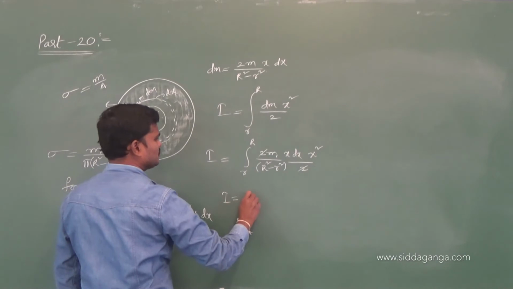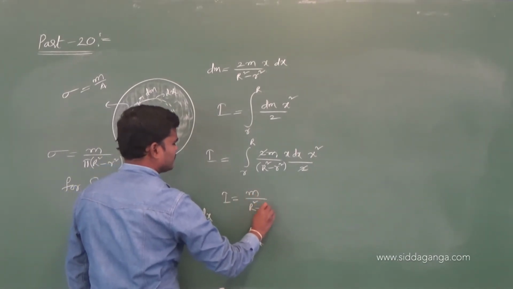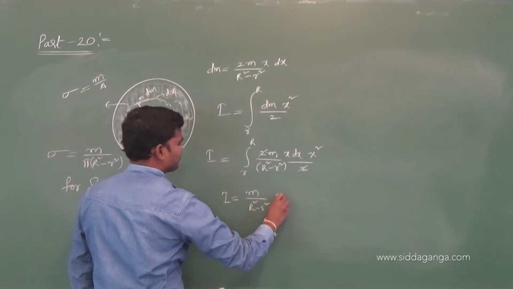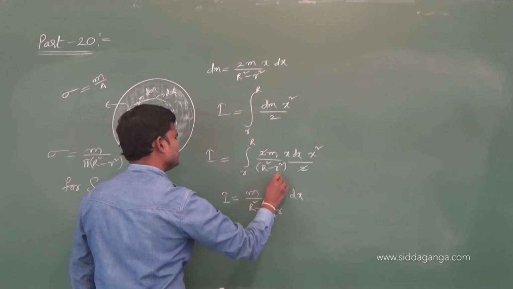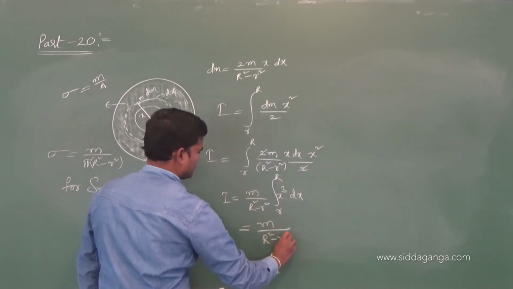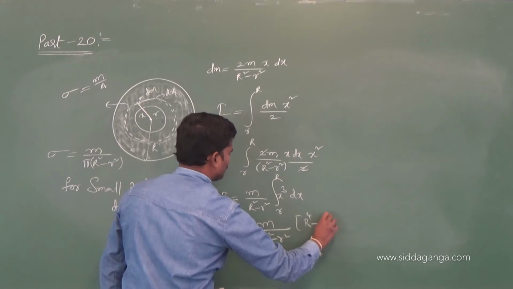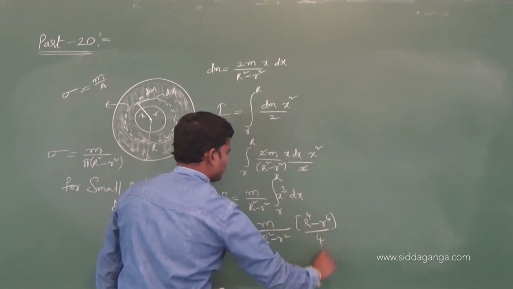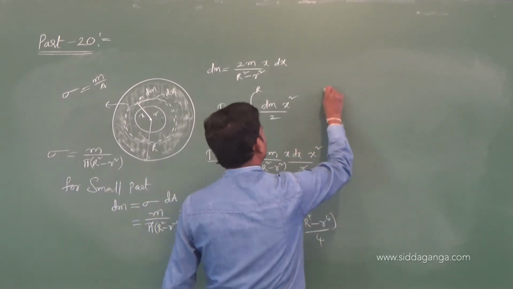I is equal to, you write M outside, R² − r² outside, x³ dx, small r to capital R. So M by (R² − r²), this is x⁴ by 4. So x⁴ by 4 means you will get R⁴ − r⁴ by 4. Got it? This you can try to split up.